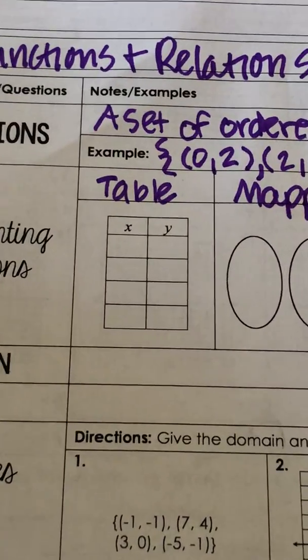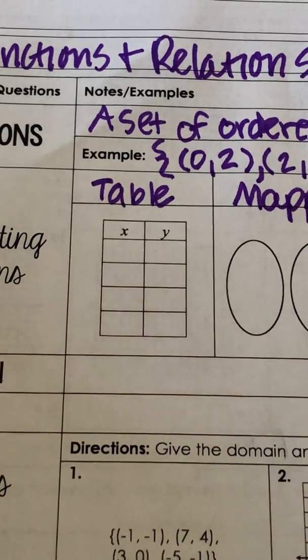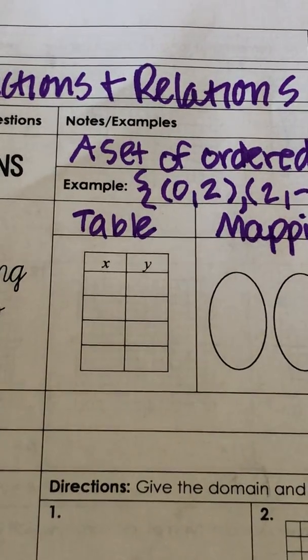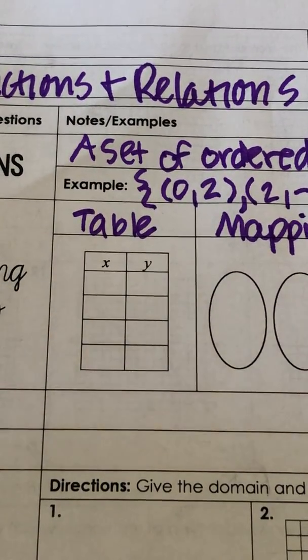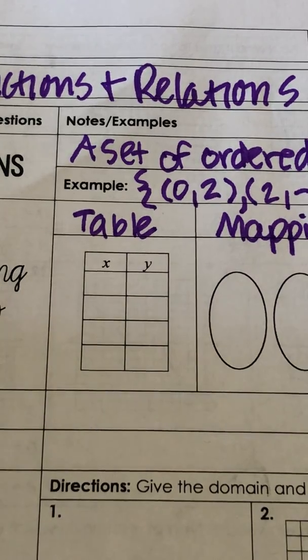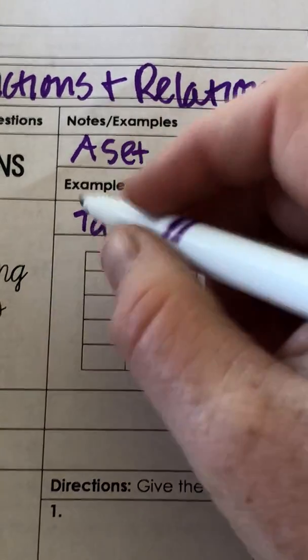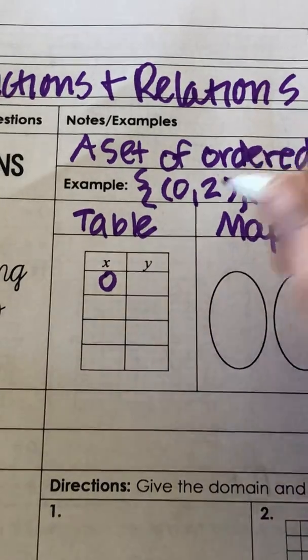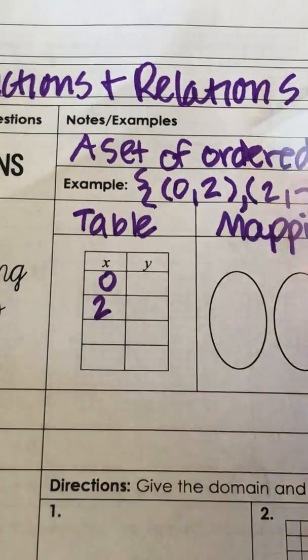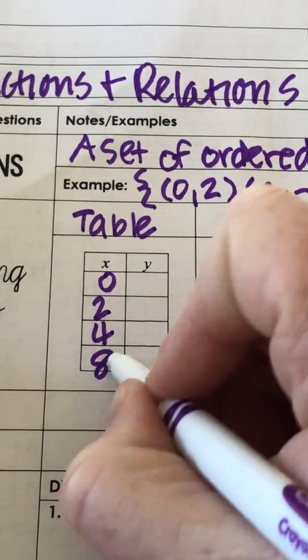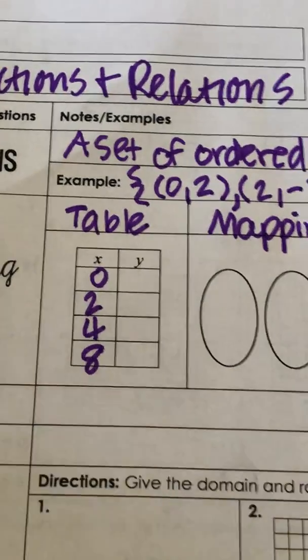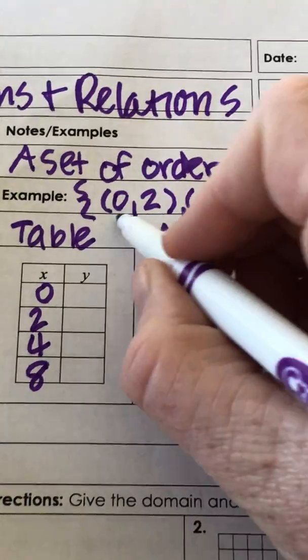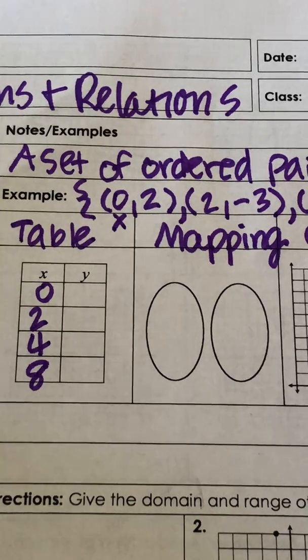Okay, so let's make these XY points I gave you into a table. So usually your X is in ascending order. Not descending, sorry. So low to high. So 0, 2, 4, and 8 are my X's from the lowest to the highest, because those are the first numbers of your coordinate pair.